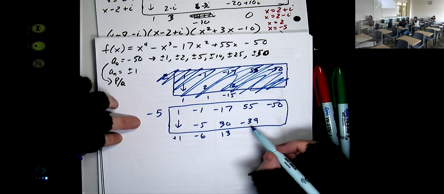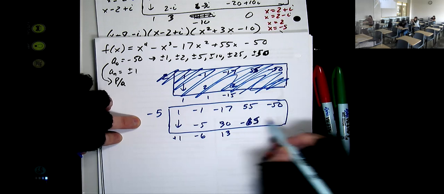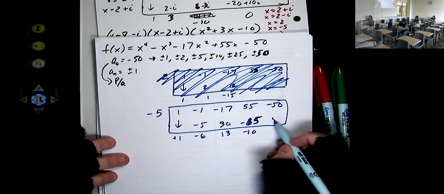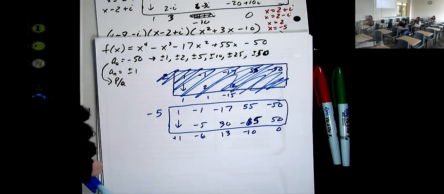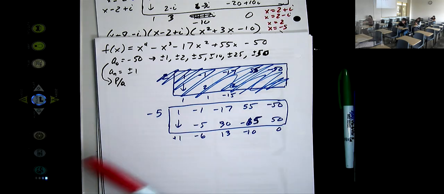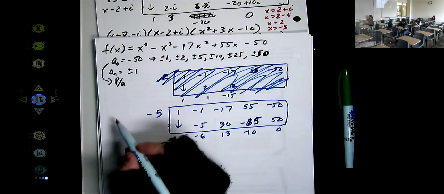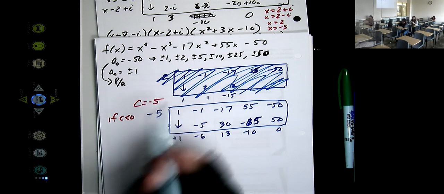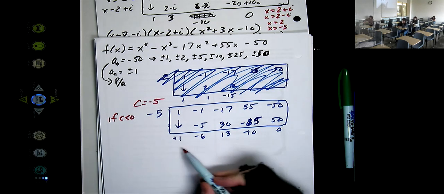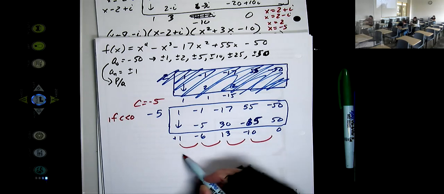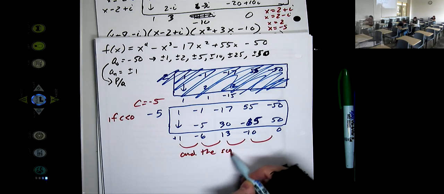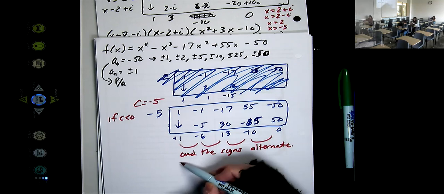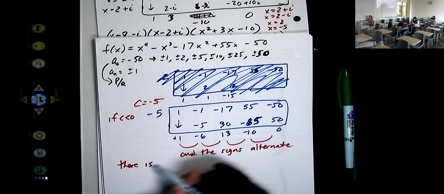Wait, that's not -30. That's -65, which is -10. And that's 50, which is 0. All right, the bounded theorem said if C is less than 0, C here is my -5, and the signs alternate, there is no root lower than -5.